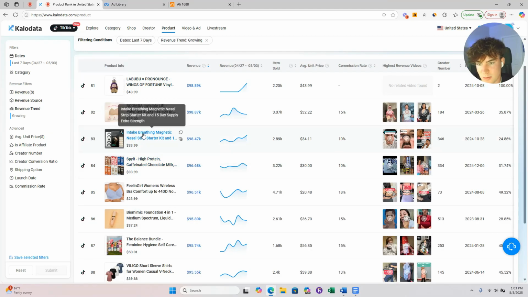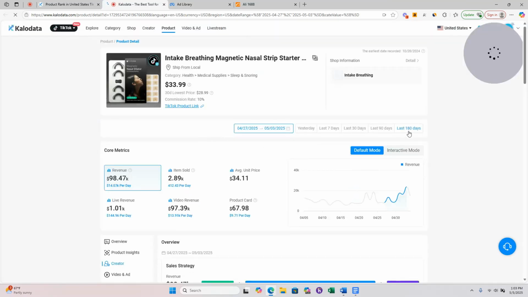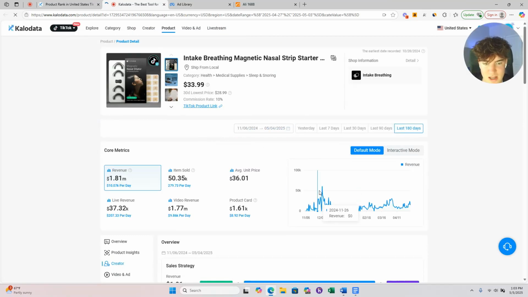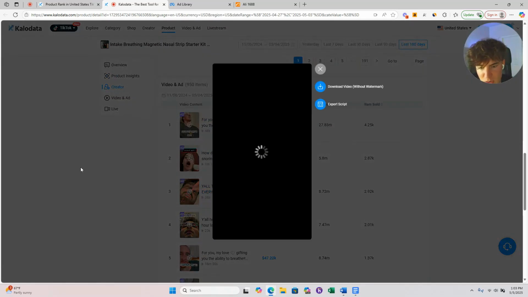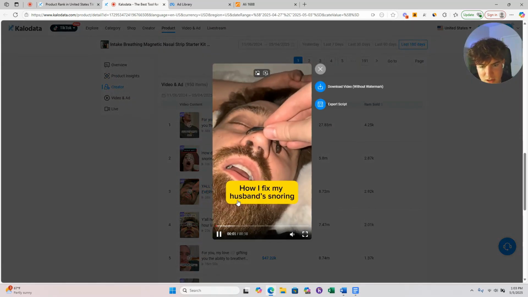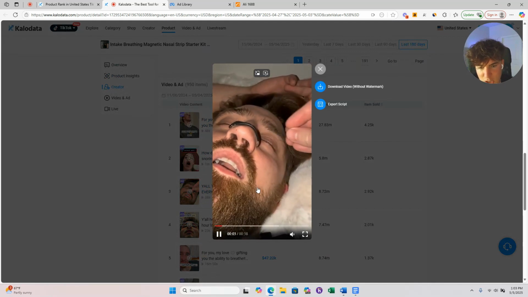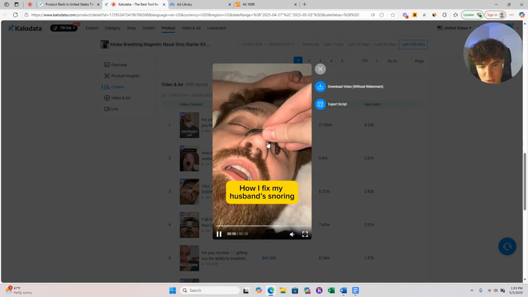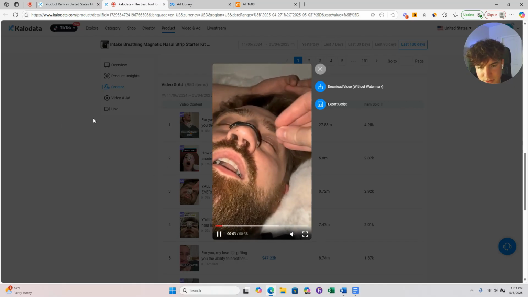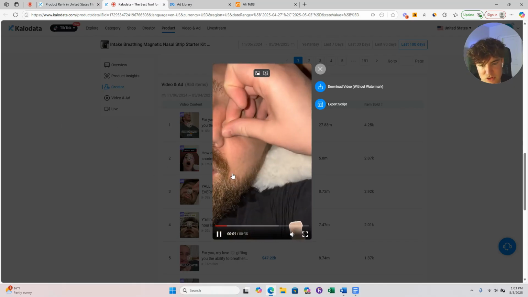This is also a really good product. You can see how instant it is and how it solves a problem and shows off. Obviously you see the 180 time frame, so you can't run it anymore. But if we look at this video, you can see how it clicks and opens up his nose. He's snoring. Now his snoring will stop. Very instant, very visual.